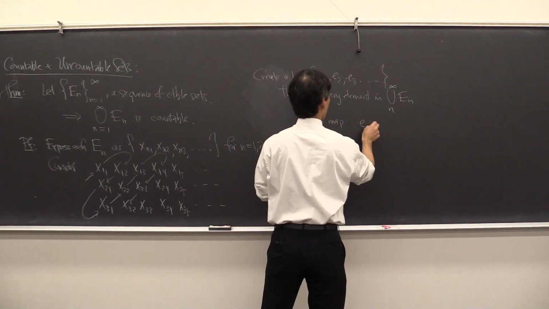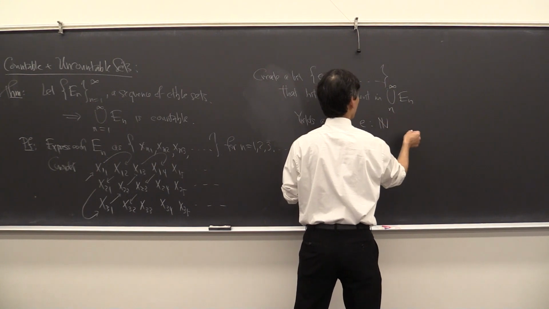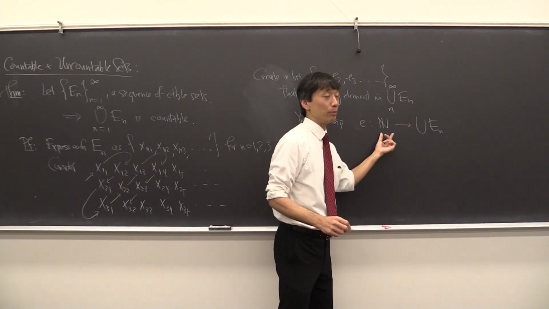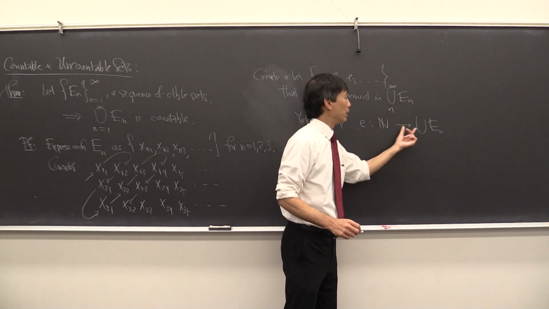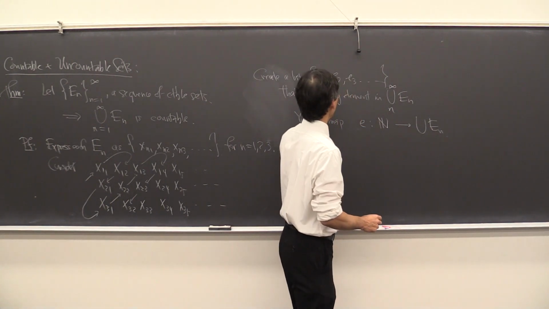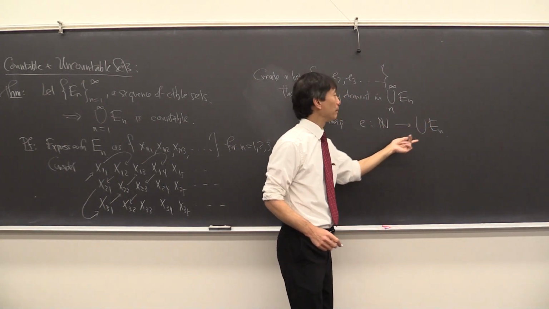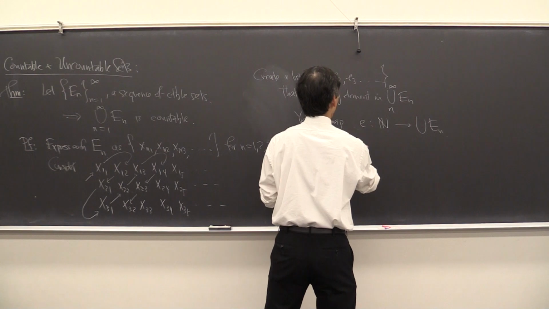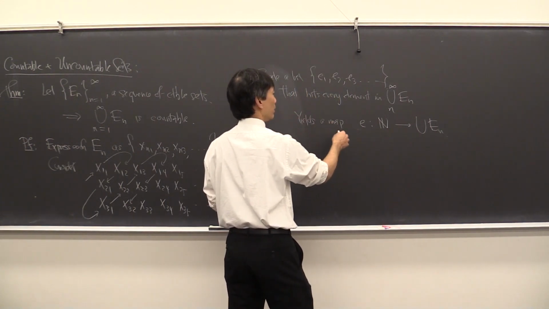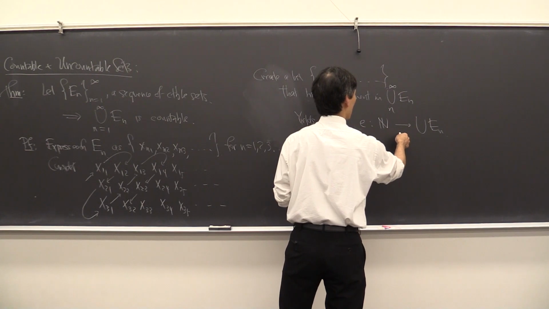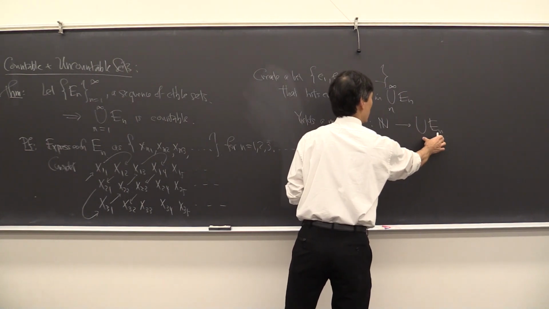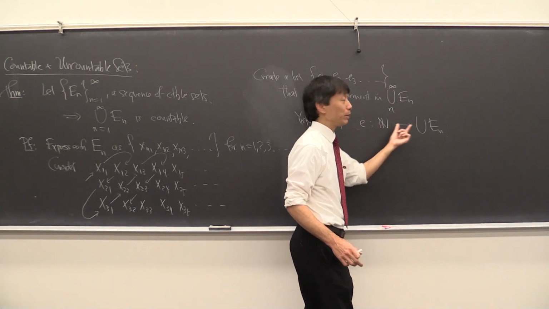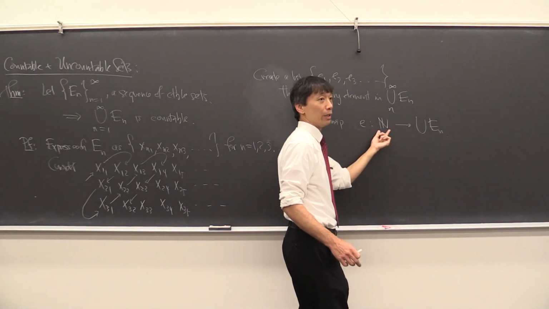Little e, going from N into the union. But it might not be one-to-one, it might hit elements more than one time. But each element here is associated with a number here, perhaps more than one, but every element here is associated with a number here.